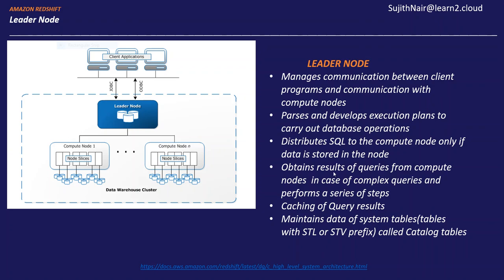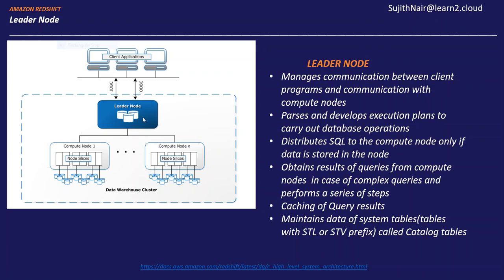The next point is obtain results of queries from compute nodes, and in case of complex queries, performs a series of steps. So we just learned that a table like employees can be distributed between compute node 1 and compute node 2. Now if the table is split between node 1 and node 2, and let us say that you write a group by clause in your SQL, in order to complete that, it actually needs information from node 1 as well as node 2.